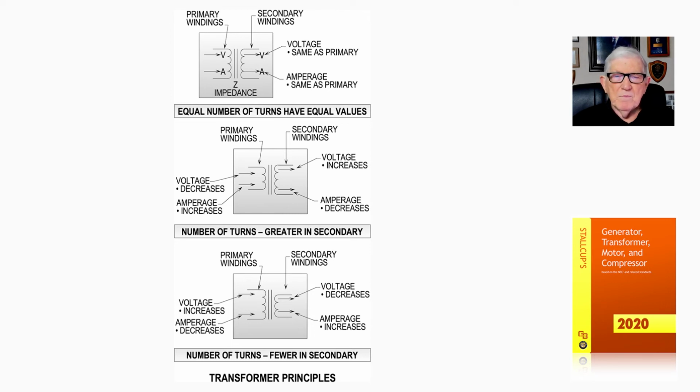So, for example, if that primary was 480 volt, and the secondary was 208 volt, then you can see how you're going to have lower voltage, but you're going to have higher current. In the primary, you'd have higher voltage, but you would have less current. And that's what this figure 7-1 is illustrating based upon the turns of a transformer.